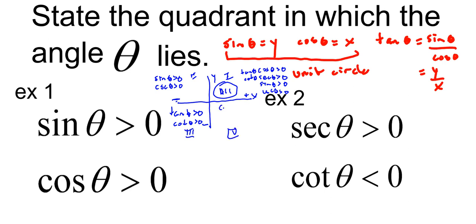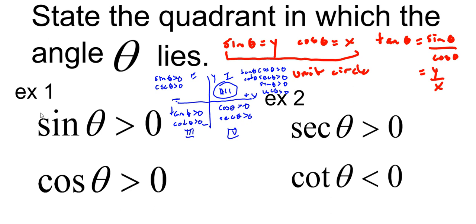Well, cosine is positive because x is positive, and secant is positive because x is positive. That's about it. So that's what we know. First quadrant, everything's positive. Second quadrant, y's are positive, sine and cosecant. Third quadrant is tangent and cotangent. And finally, in the fourth one, cosine and secant, because x is positive there too.